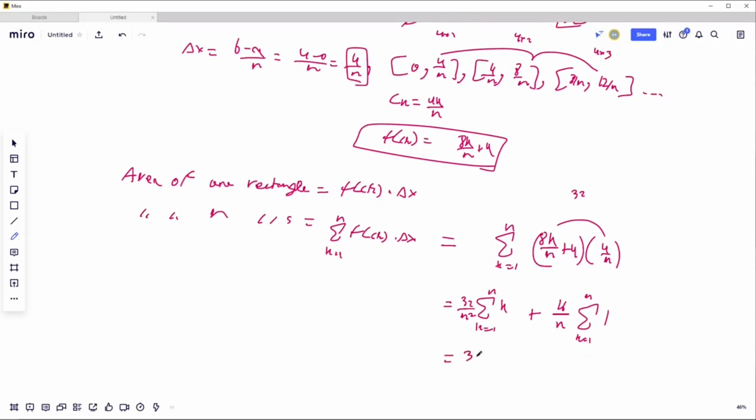And with that, 32 over n squared, the summation for this one will be n into n plus 1 over 2, and yeah, plus 16 over n times n.